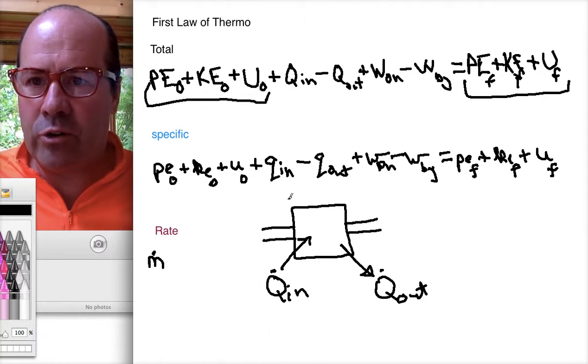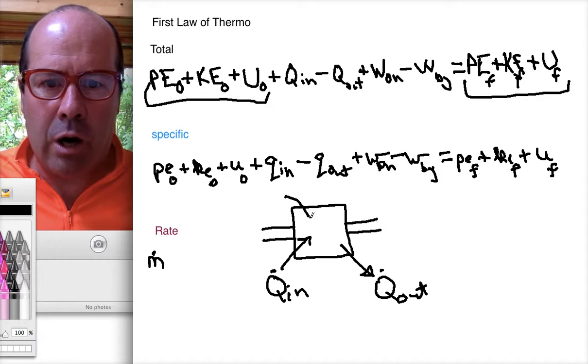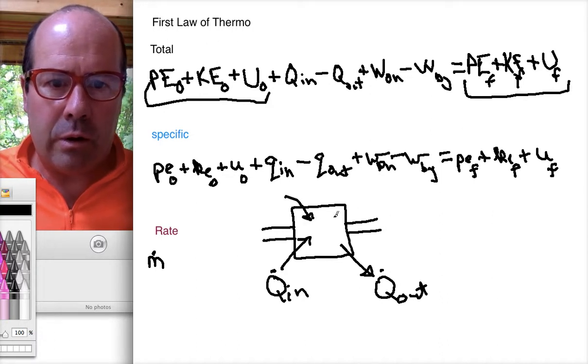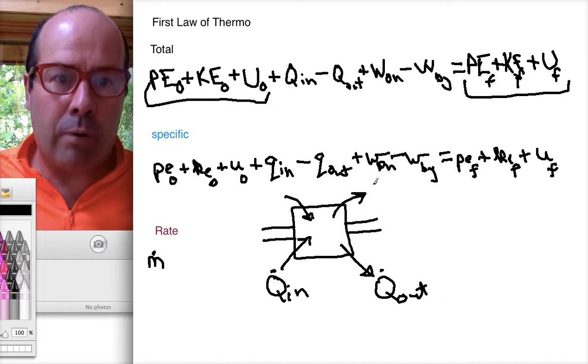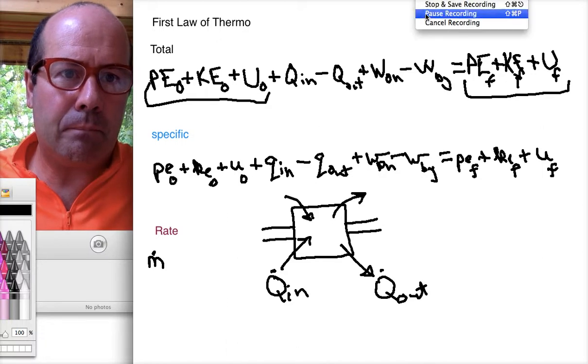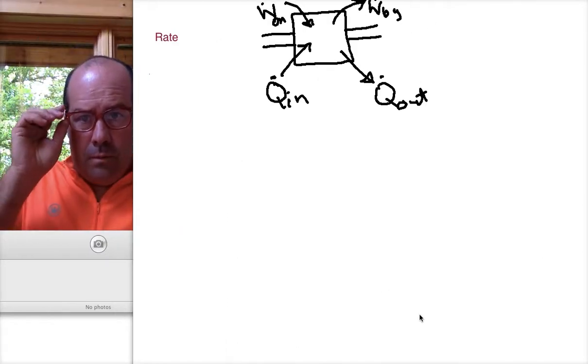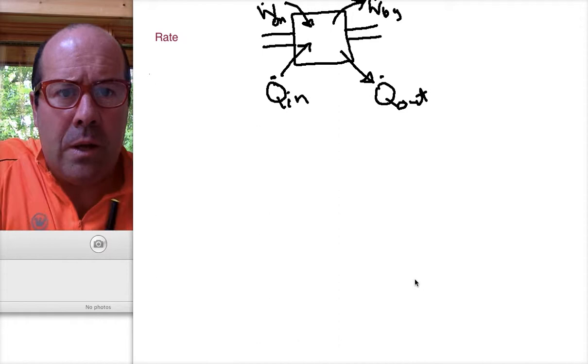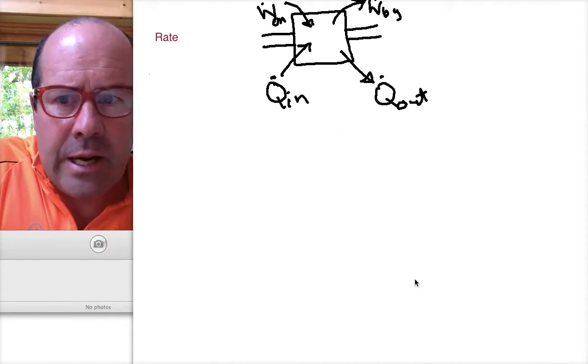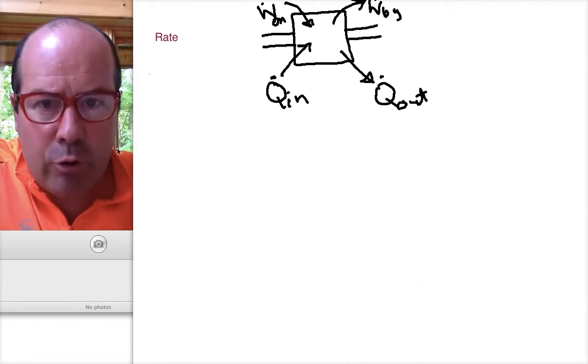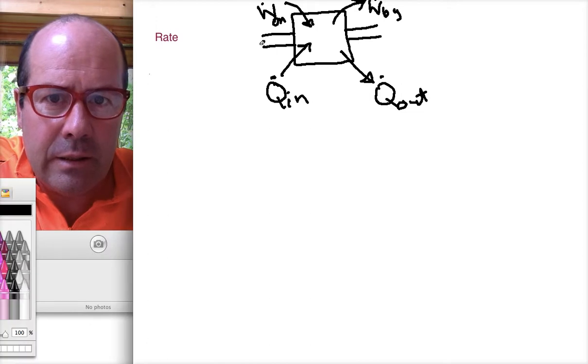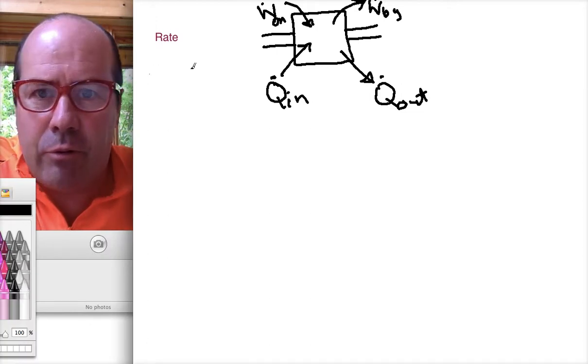And there's certain ways we could put work on or do work by. So we've got any system that has something flowing in and something flowing out.